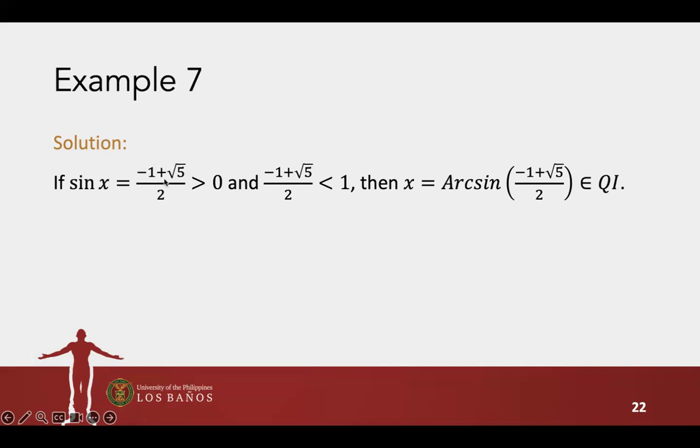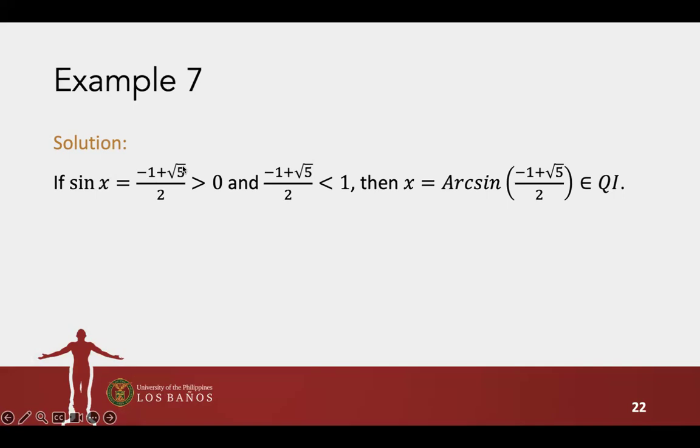So take note that square root of 5 is in between square root of 4 and square root of 9. So that means square root of 5 is more than 2 but less than 3. So if a number is more than 2, if you subtract by 1, then the answer is still positive.